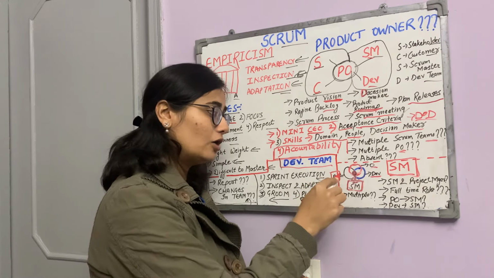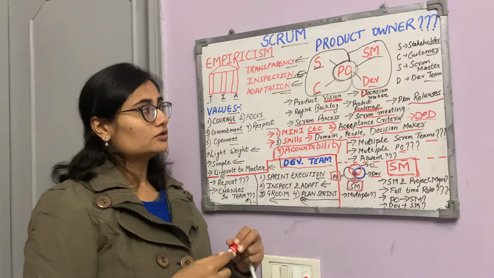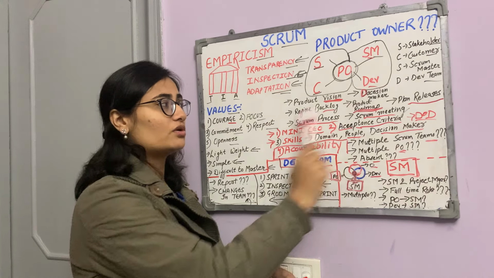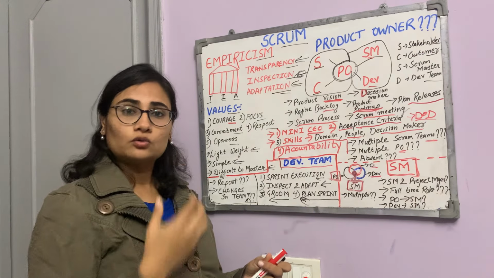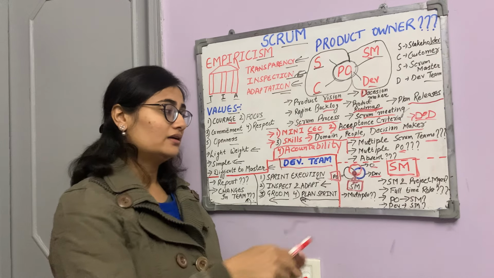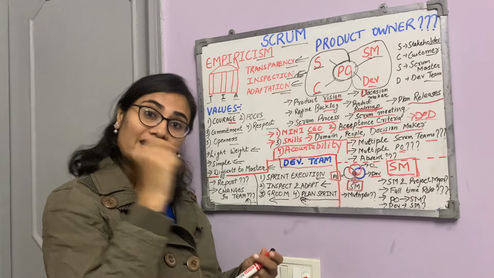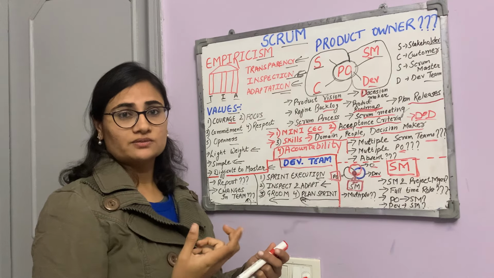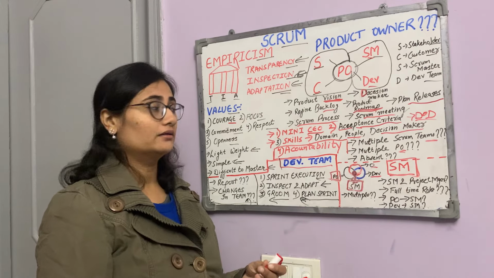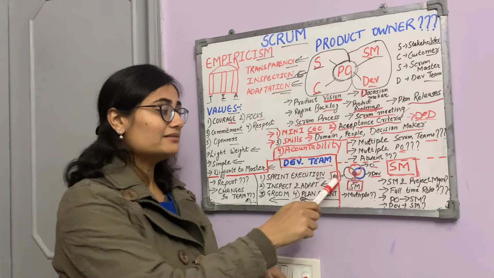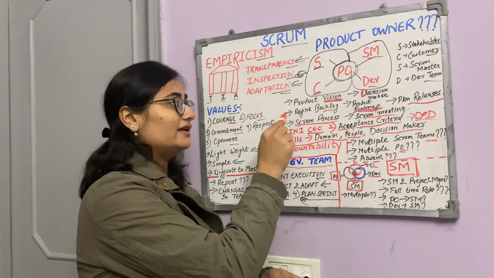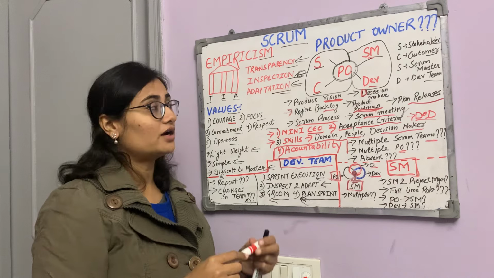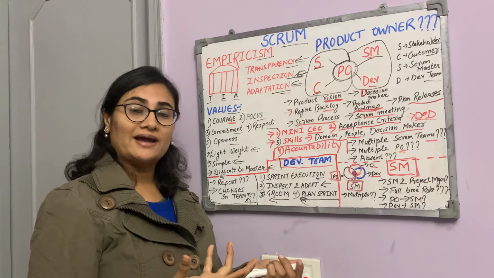Second is how he is helping the product owner. We know all the responsibilities which a product owner plays, and the Scrum Master helps the product owner handle those responsibilities in the most efficient manner. For example, he helps the product owner in refining the backlog and in better product management.